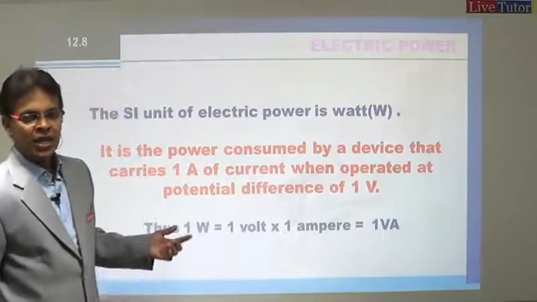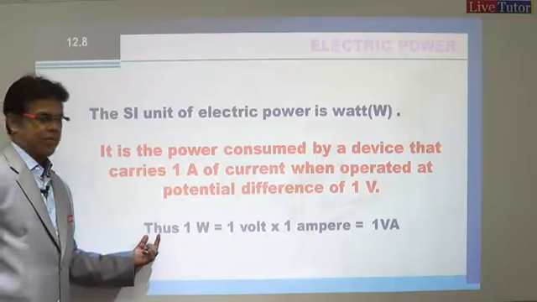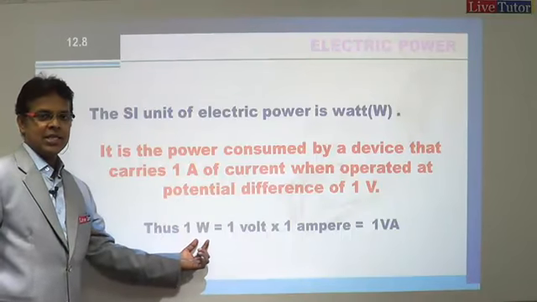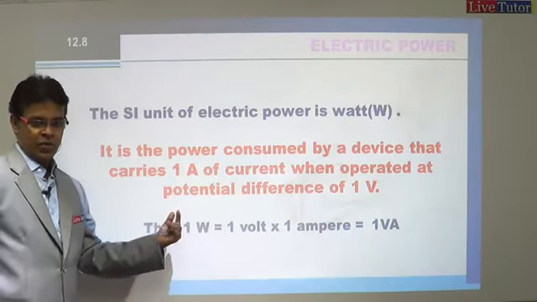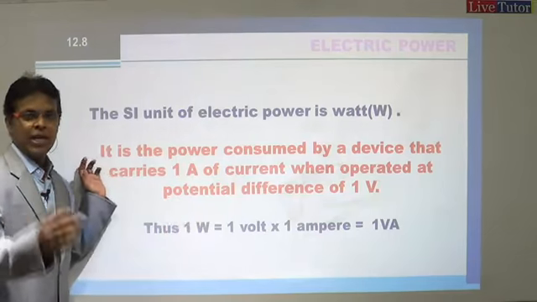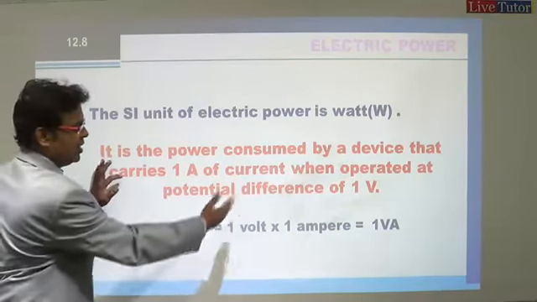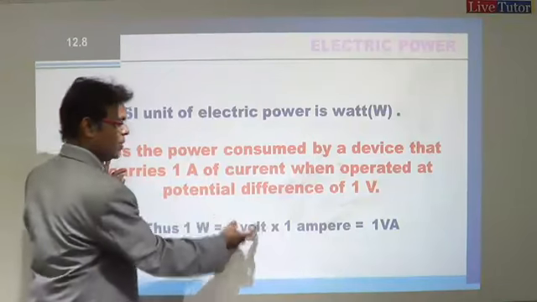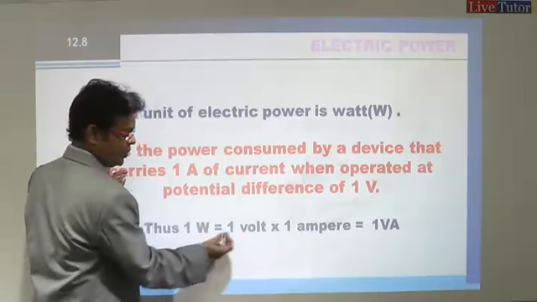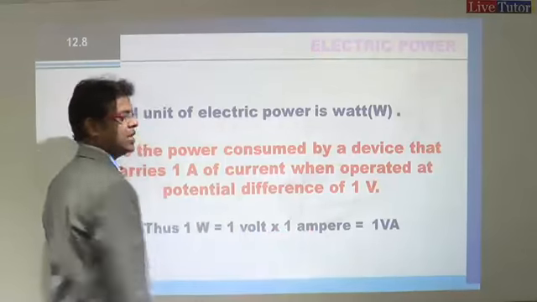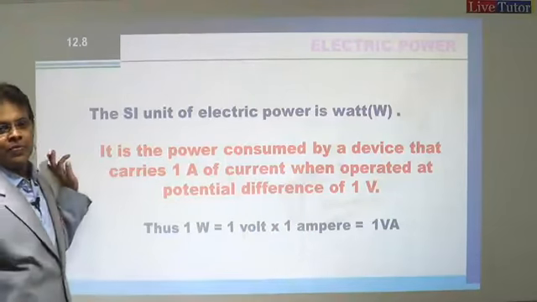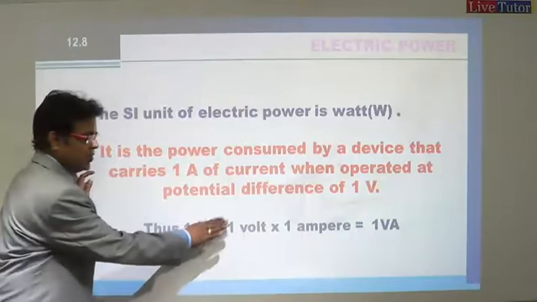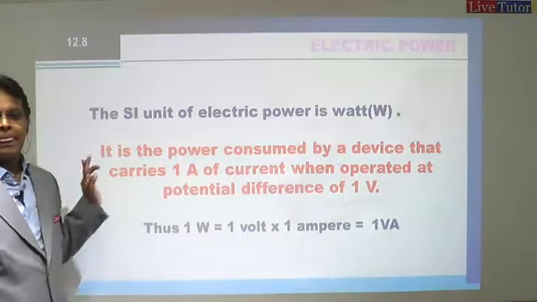That means the power consumed by an electric device is 1 watt when it carries 1 amp of current and is operated at a potential difference of 1 volt. So when V is 1 and I is 1, we say W is 1. By using that formula you can define that easily.